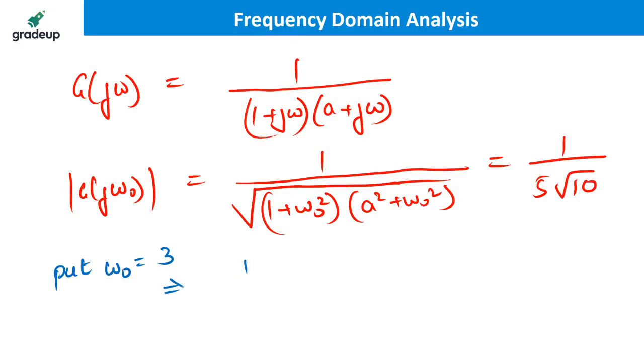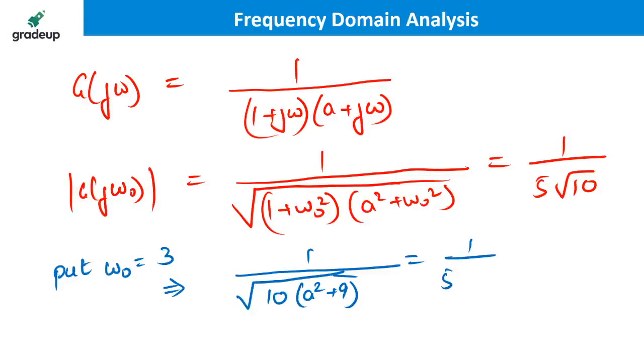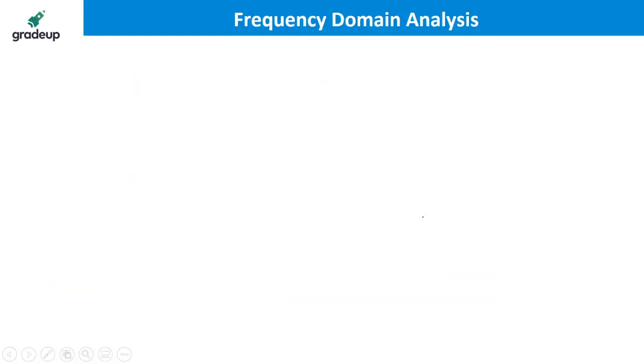So 1 upon under root 1 plus 3 square, that is 10, into a square plus 3 square, that is a square plus 9, equal to 1 by 5 root 10. So root 10 cancelled. You have 1 upon under root a square plus 9 equal to 1 by 5.